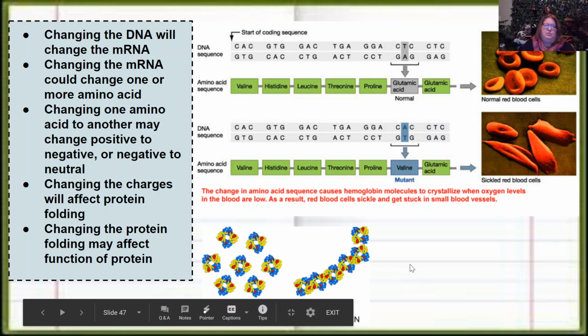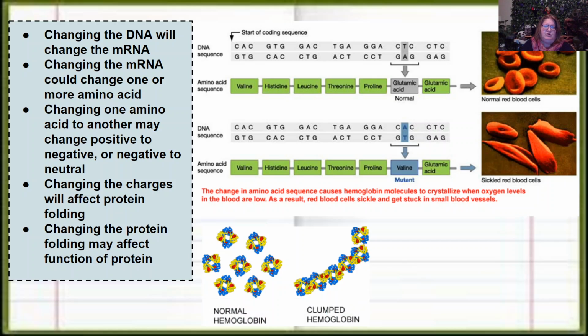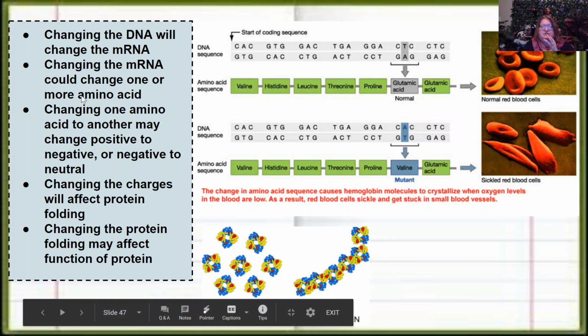If we change one amino acid to another, and this is the key here, we could change whether or not we have a positive charge on one amino acid. We swap it for an amino acid that has a negative charge, or we may swap a negatively charged amino acid to a neutral amino acid, or vice versa. So this is kind of the trick.